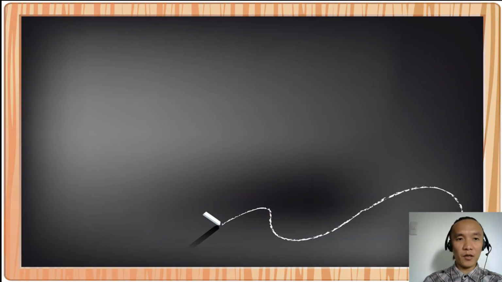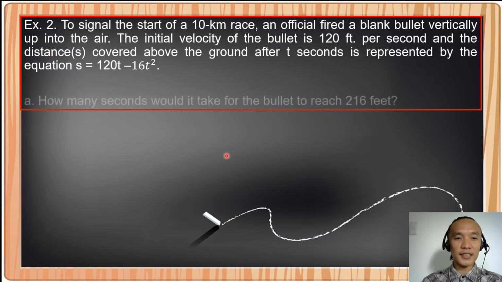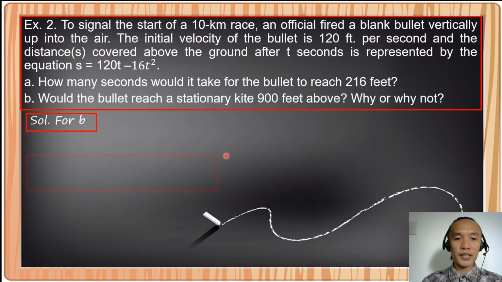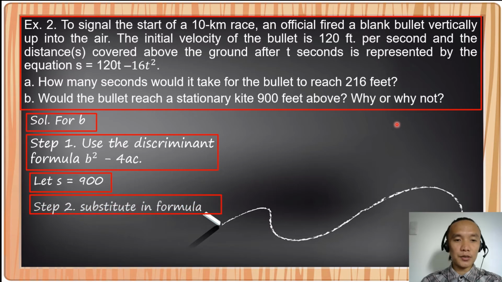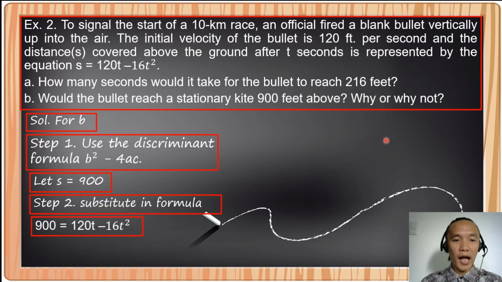So for letter B, we are going to use the discriminant formula, which is b squared minus 4ac. Now our distance will become 900. So our s here is 900 feet above the ground. By substituting that in our formula, we will have 900 equals 120t minus 16t squared.